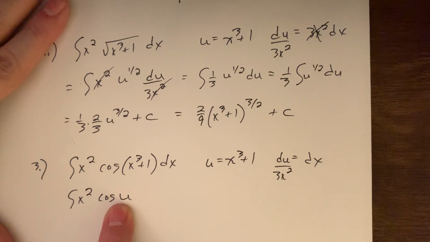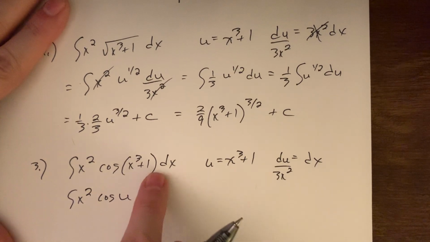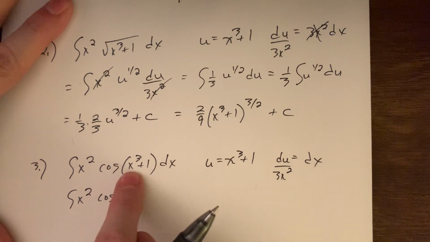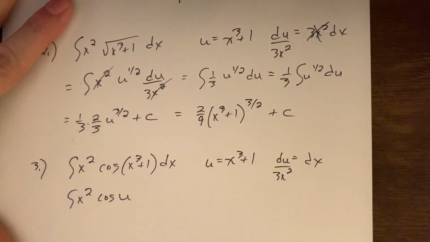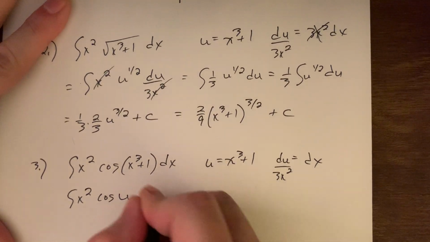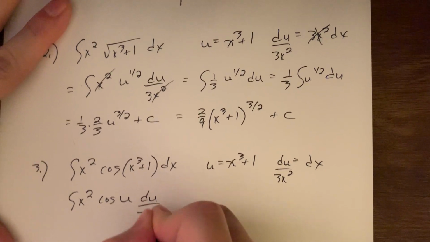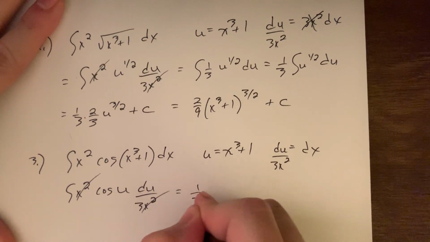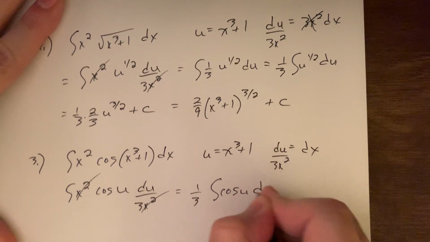Parentheses or not, that doesn't matter. It's simple enough. Here I needed the parentheses to make it clear the plus 1 was also a part of the angle inside the cosine function. But now that u is clearly a part, the dx, du over 3x squared, x squareds cancel. One more time, the 1/3 left behind.